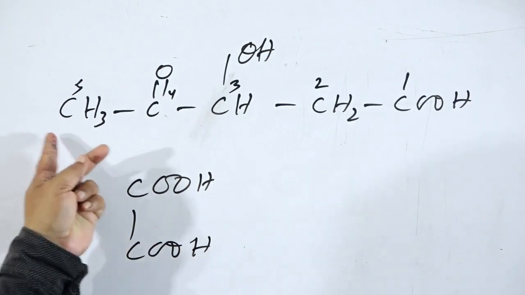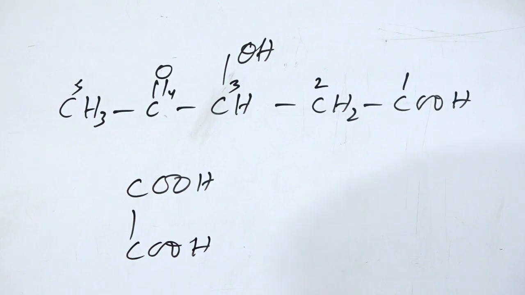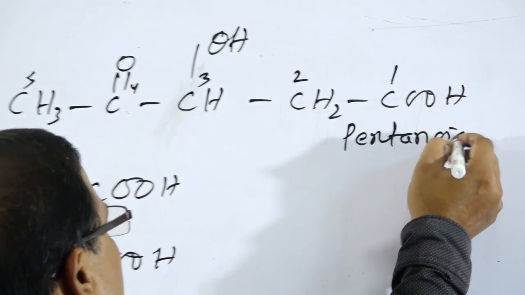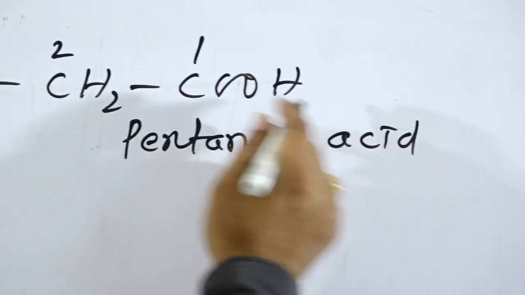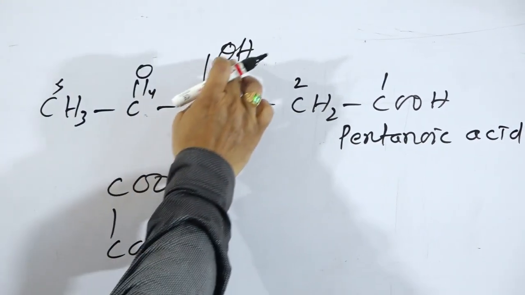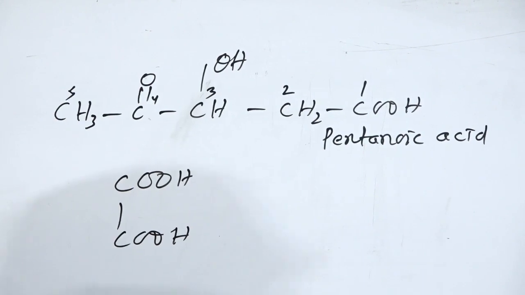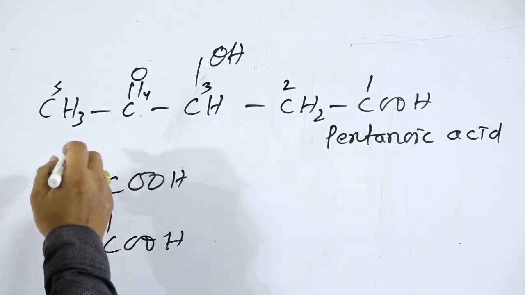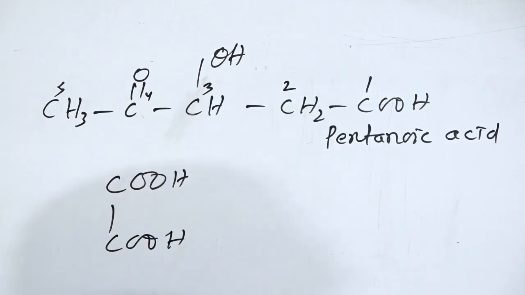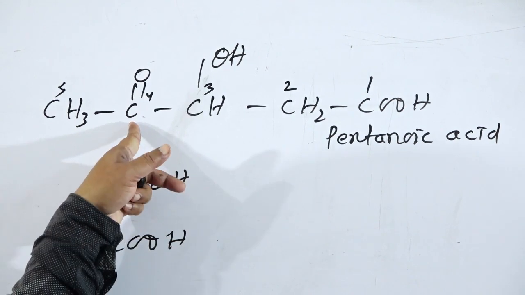This is a chain of five carbon atoms, so it is pentanoic acid. The OH group and the CO group are treated as substituents. The OH substituent is known as hydroxy, and the CO substituent is known as oxo.